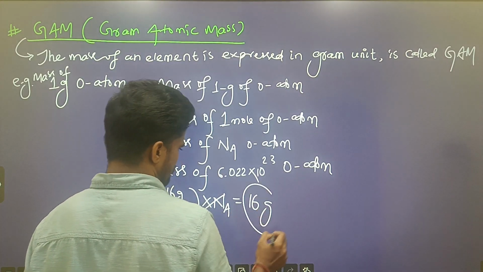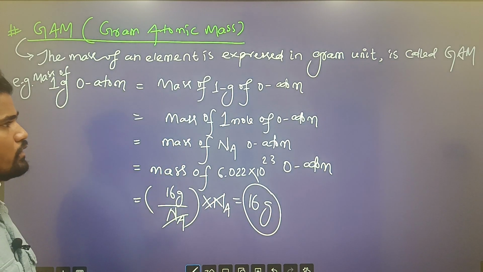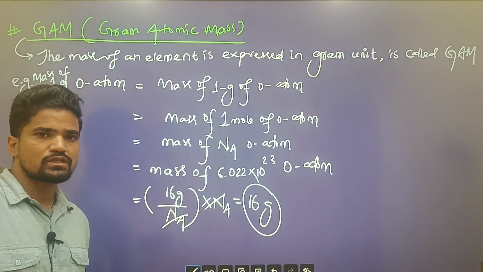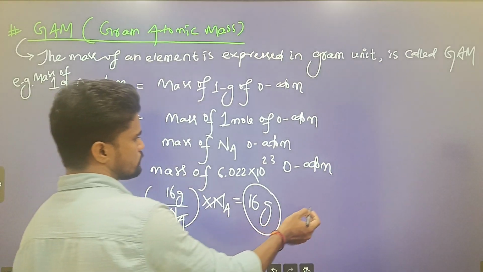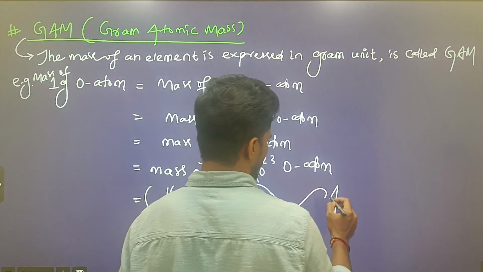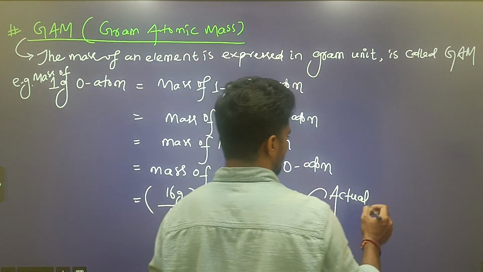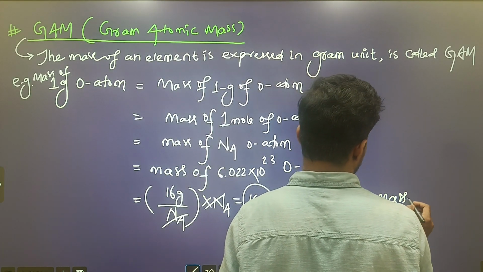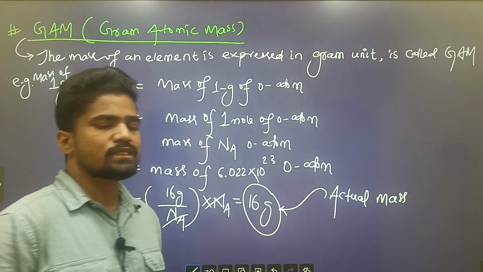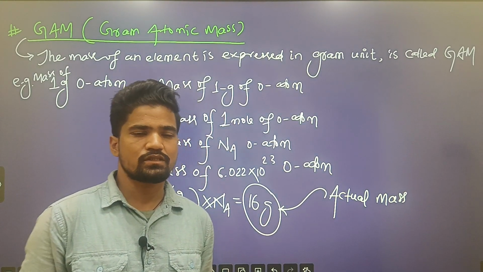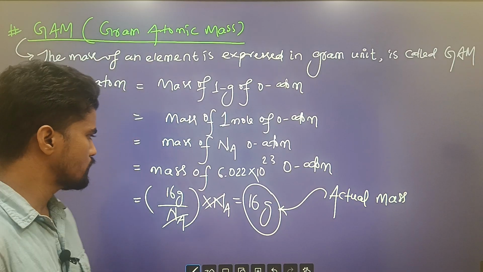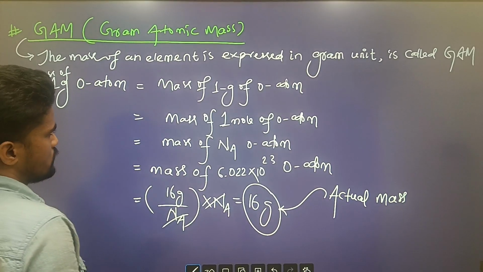So this is called the actual mass of an oxygen atom. Actual mass is nothing but the mass of an atom or element in the given substance. Hope it is clear?